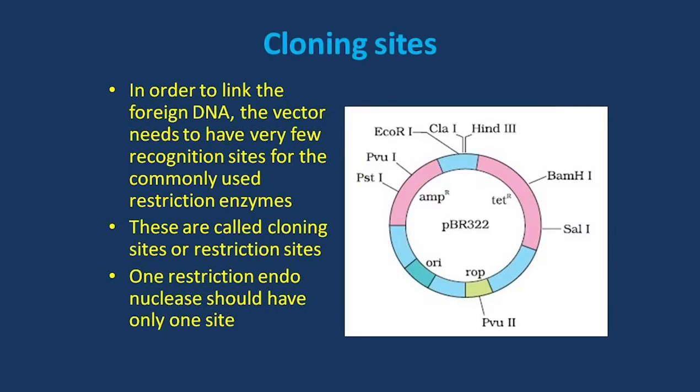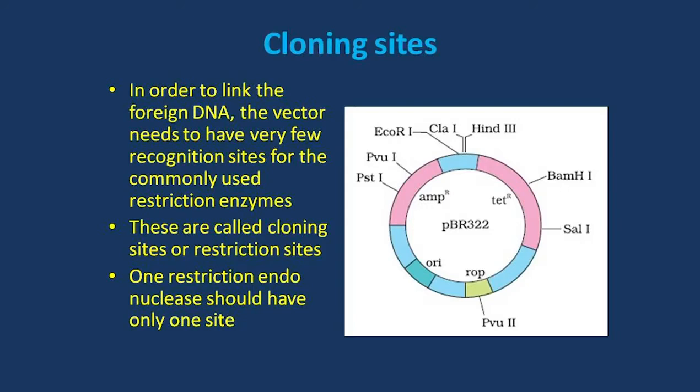Now, the third character of a vector is what are called cloning sites or restriction sites. These are places where different restriction endonucleases cut the DNA. For example, you can see a lot of places on pBR322 where different enzymes cut the DNA. They are called cloning sites or restriction sites.